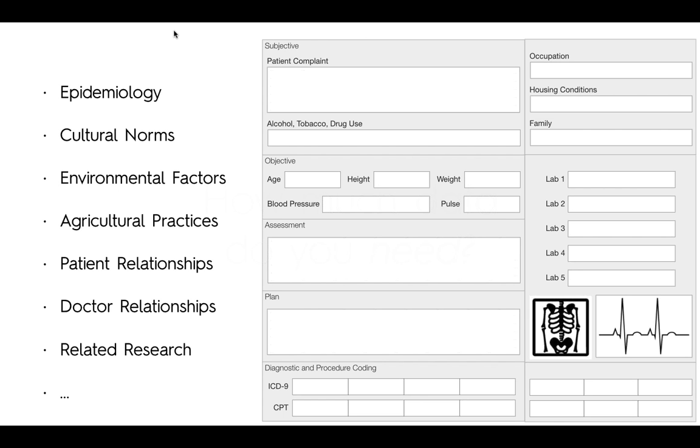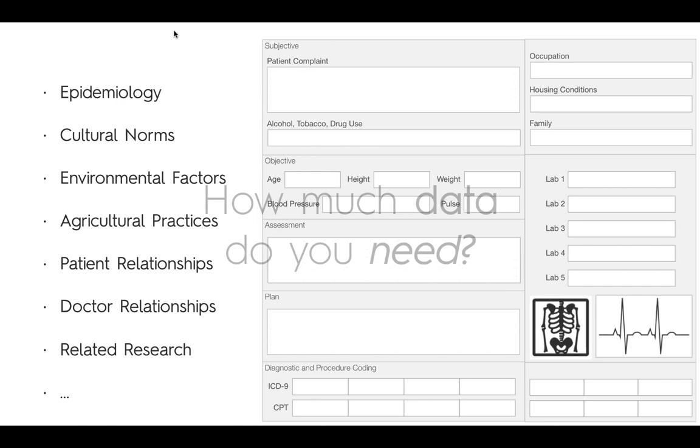So looking back at this, of course, the data that's missing ranges from data that's general purpose, like medical knowledge and epidemiology, understandings of cultural norms and behaviors, environmental factors for like where the person might live. Of course, agricultural practices might come into play, and then you care about things like patient relationships, their immediate family, even the friends that they have, sometimes their co-workers.